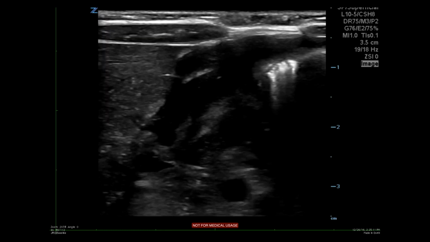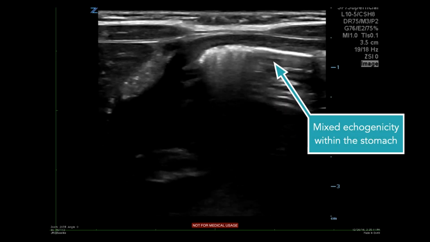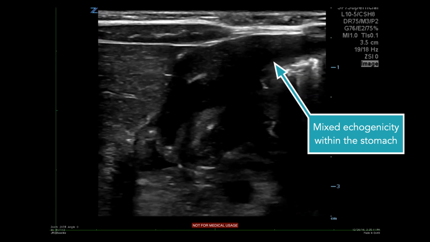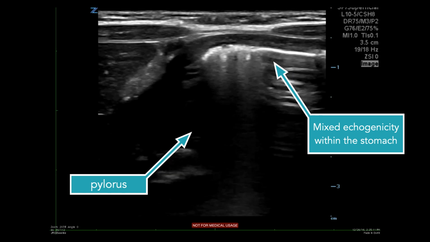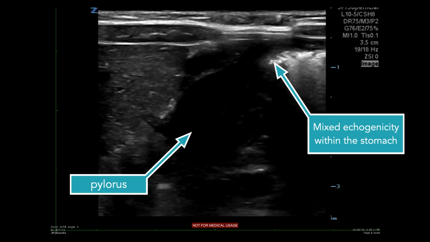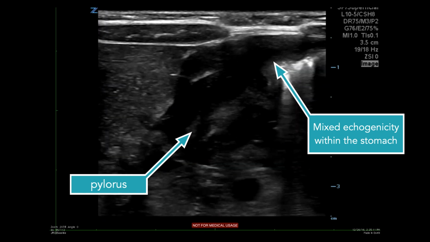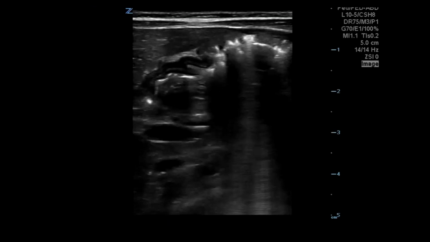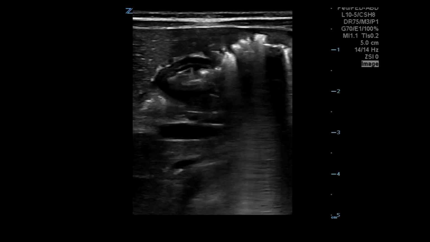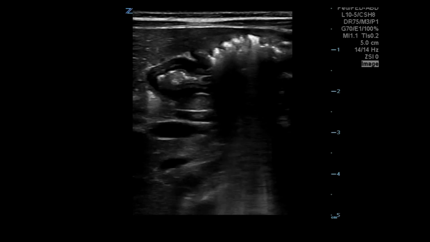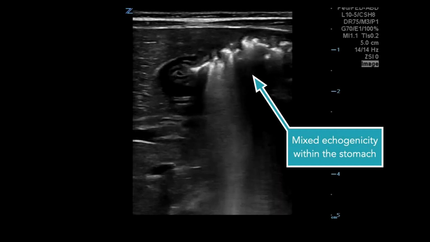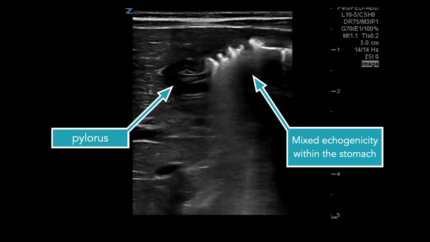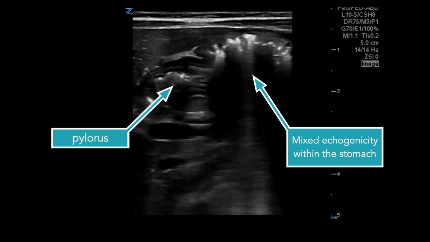In this clip, you can notice the mixed echogenicity within the stomach. You can also appreciate the pylorus coming in and out of view. In this clip, you once again can see the mixed echogenicity within the stomach, as well as the pylorus.